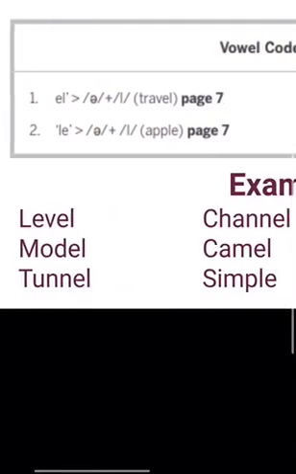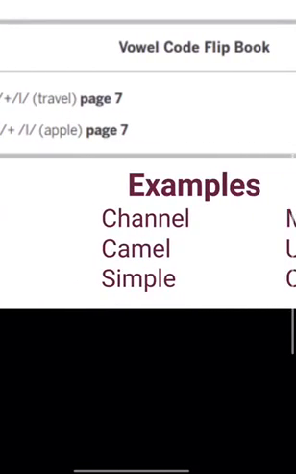Okay, let's go over to the next column, the next group of words that I gave you, and read them together. Ready? Channel, camel, simple. What letters are making that ul sound in these words? That's right. Channel and camel, that EL at the end is making the ul sound.